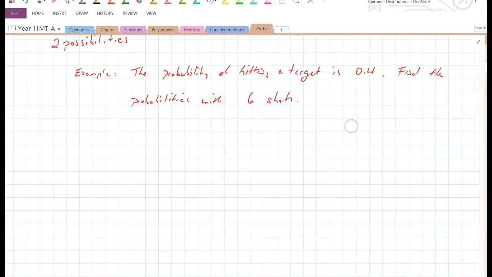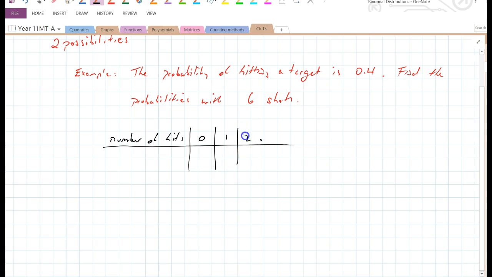What this is saying is, let's take 6 shots and find the probabilities of making 0 hits, 1 hit, 2 hits, 3 hits, 4 hits, 5 hits, 6 hits. So it's a little bit like what we were doing, but now we're going to say number of hits. That's like our random variable. So number of hits: 0, 1, 2. This could be a probability distribution, but we're going to deviate from that slightly.